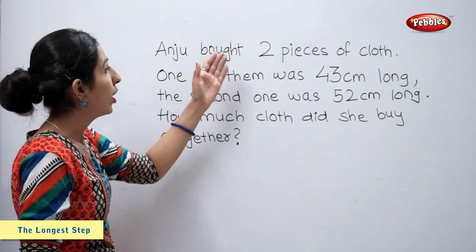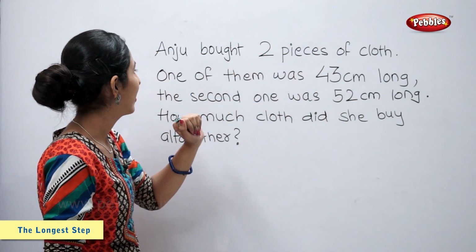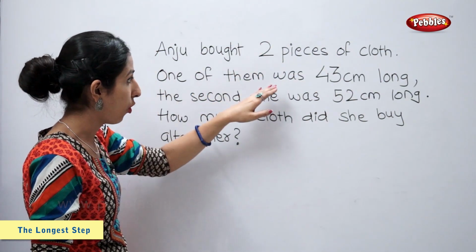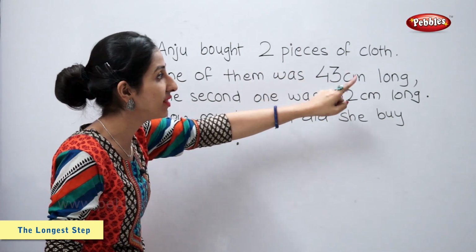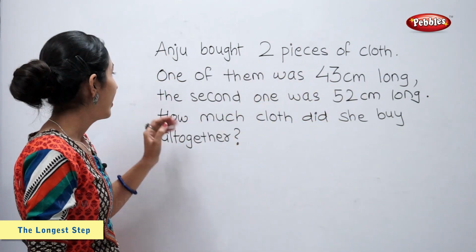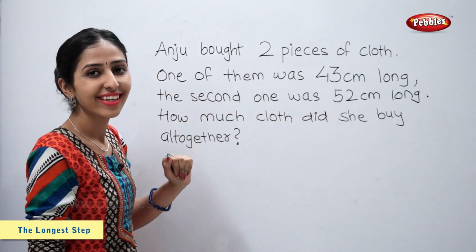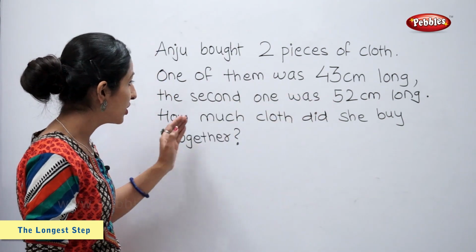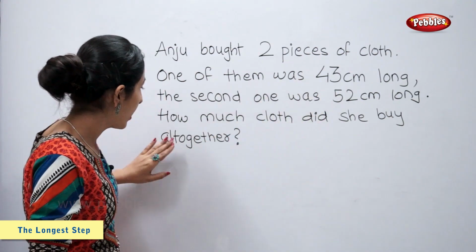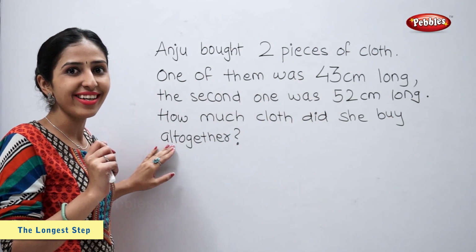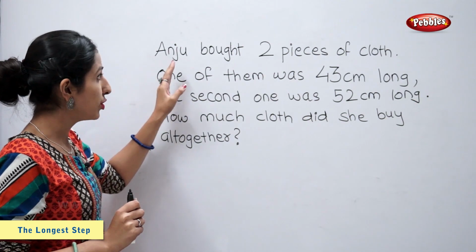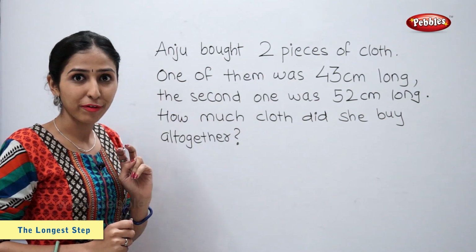Word problems with lengths. Anju bought 2 pieces of cloth. One of them was 43 centimeters long. The second one was 52 centimeters long. How much cloth did she buy? Altogether, Anju bought 2 pieces of cloth.